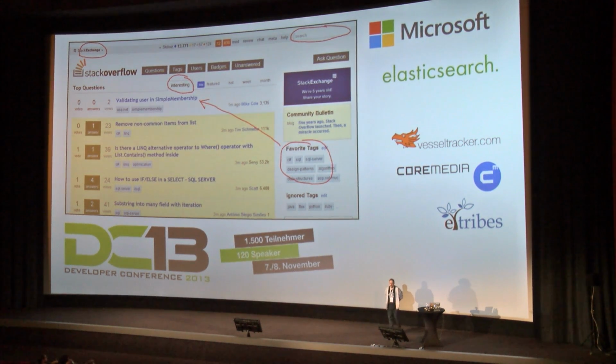So what we do is we created an algorithm that looks at your pattern of answering questions or looking at questions, and looks at your explicitly set favorite tags, and it tries to generate a set of questions that you are more likely to be interested in answering. That requires some very complicated queries on top of tags, so questions by tag. That's why we have a tag engine, which is a specialized system that does this kind of thing for us.